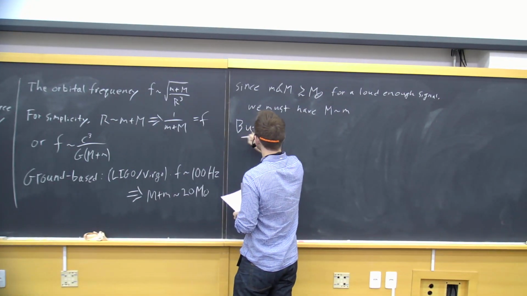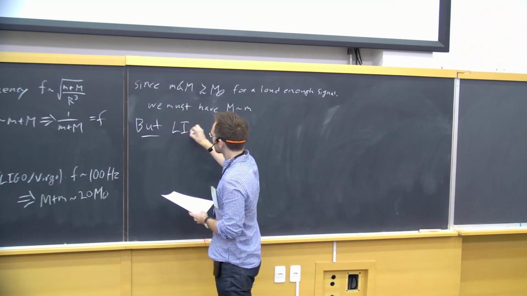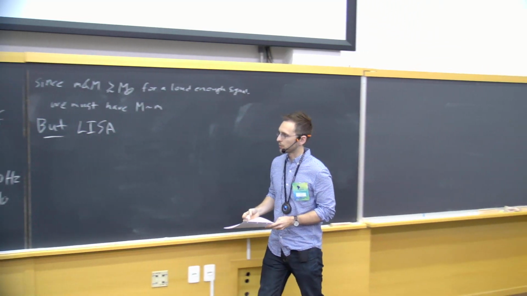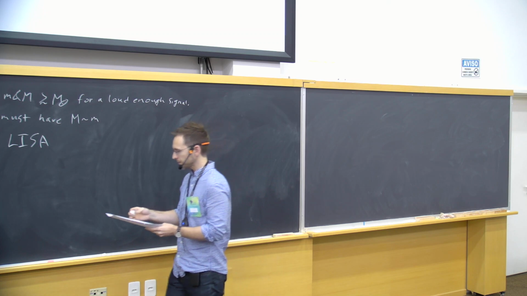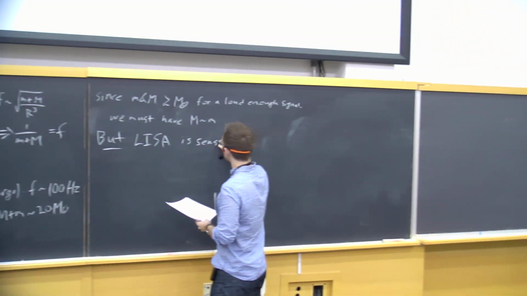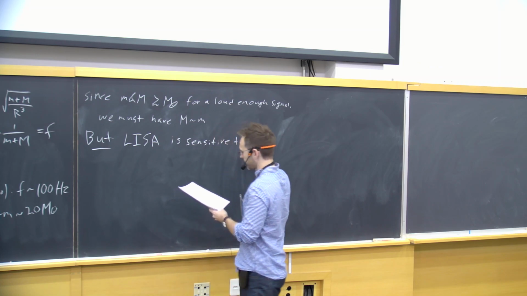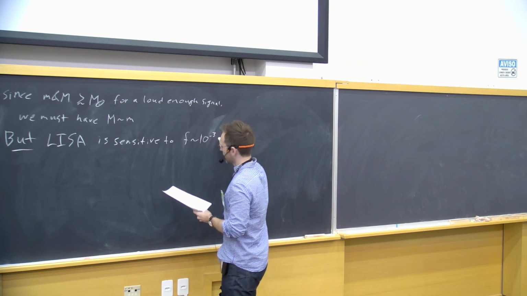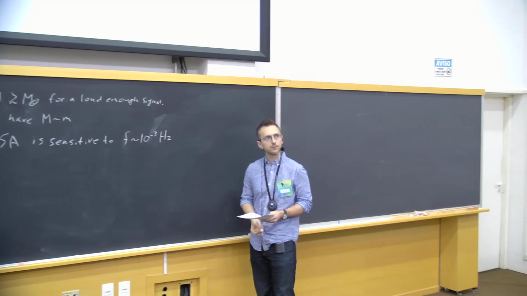But LISA, the space-based observatory that will be launched in the early 2030s, is sensitive to much, much smaller frequencies. Basically around 10 to the minus 3 hertz.